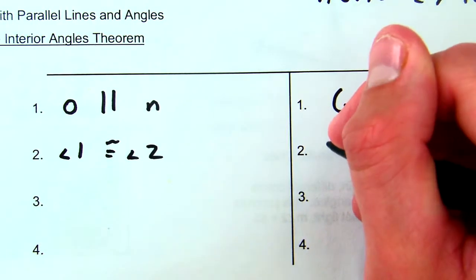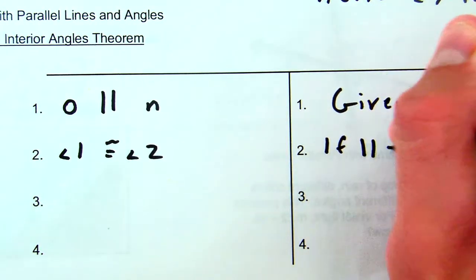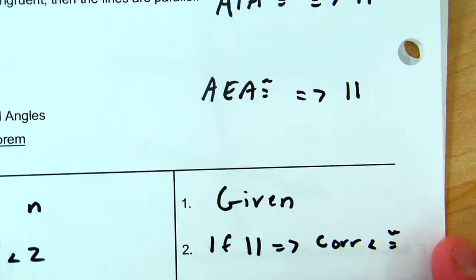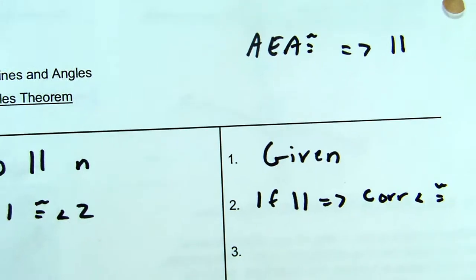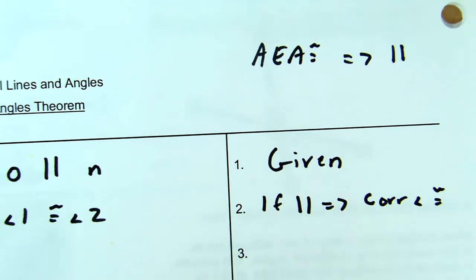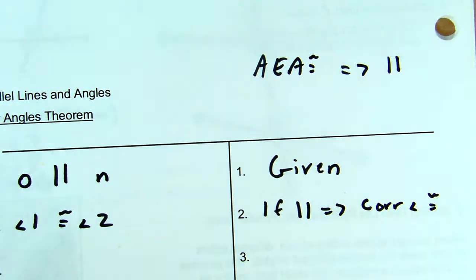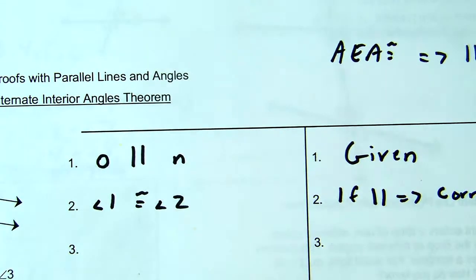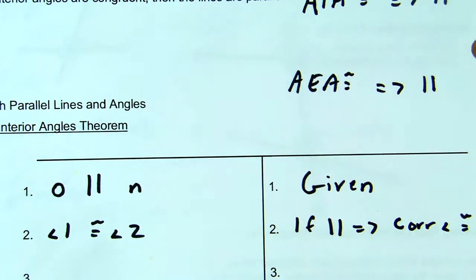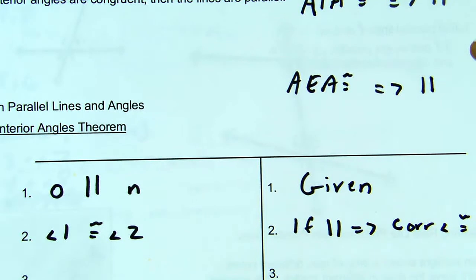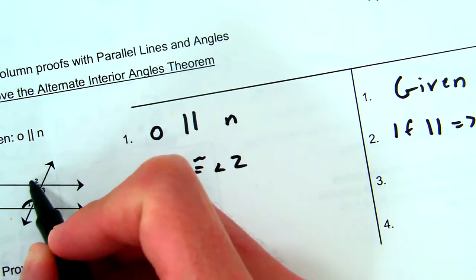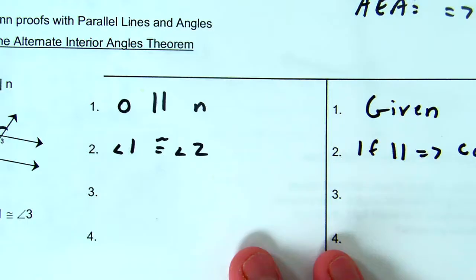So our reasoning is if parallel, then corresponding angles are congruent. So I know that angle 1 and angle 2 have to be congruent. And I can even come over here and mark that so we can see that as well.